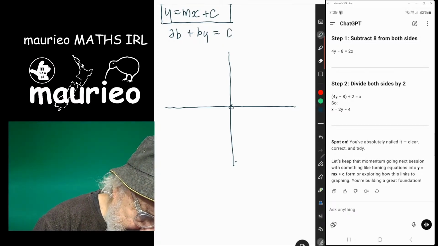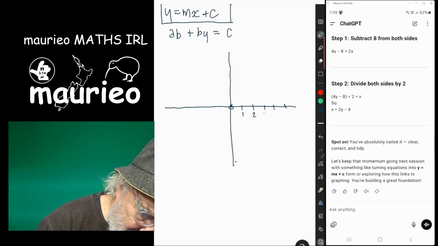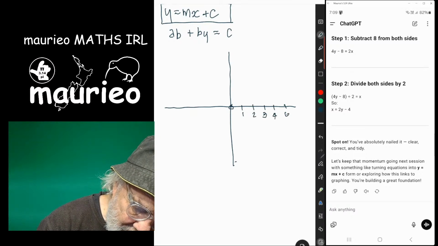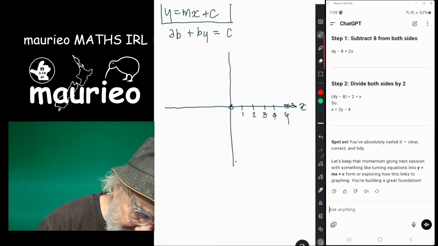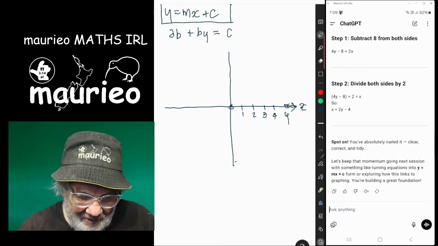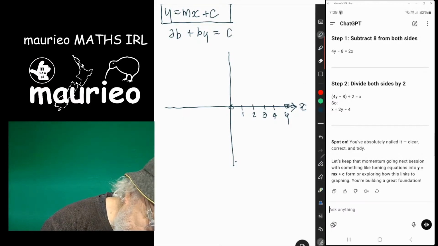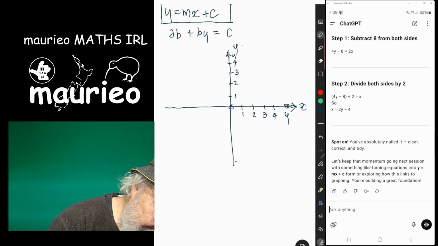Typically we have nice little marks, so this is 1, 2, 3, 4, 5, and this is the x-axis going that way, and then up here this is the y-axis, in that direction.